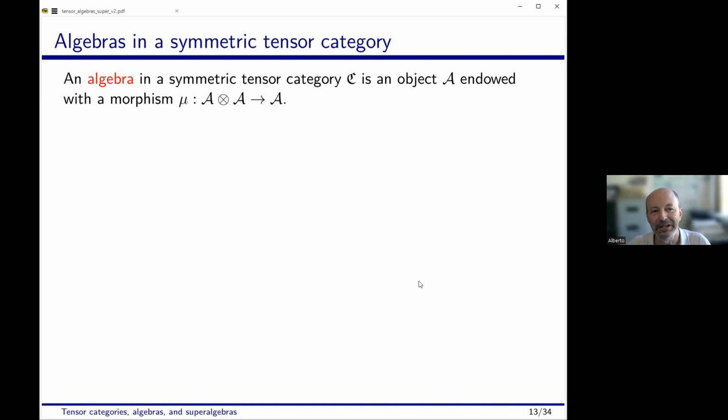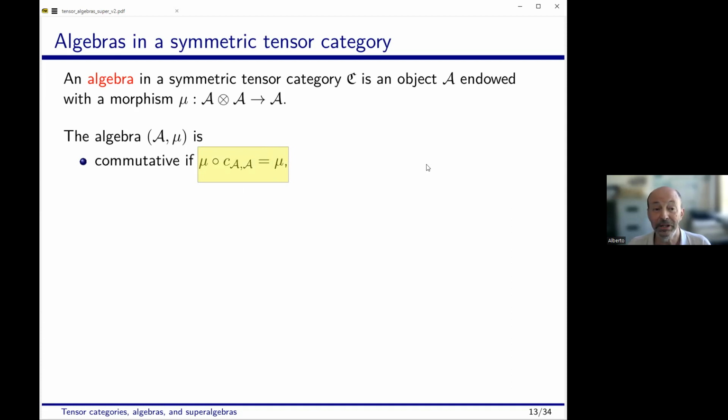So an algebra in a symmetric tensor category is the same: an object with a morphism from A tensor A into A. So if you take the symmetric tensor category of vector spaces, then you get the usual definition of non-associative algebra, not necessarily associative. So in this way, we can talk about commutative algebras in a symmetric tensor category if they behave nicely with respect to the braiding. So this is the condition.